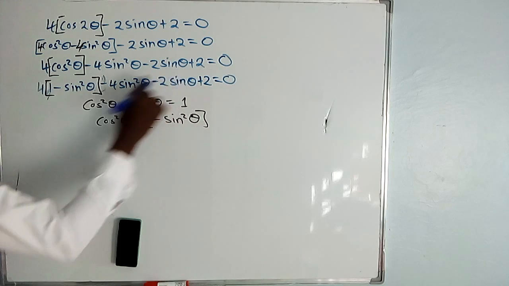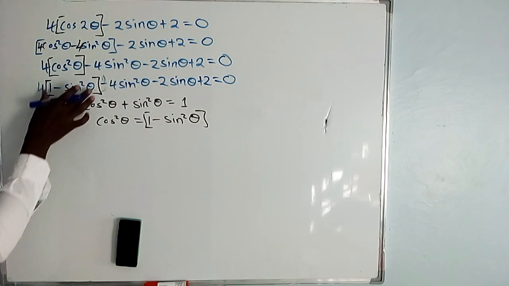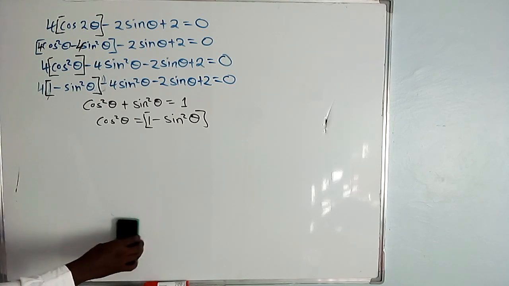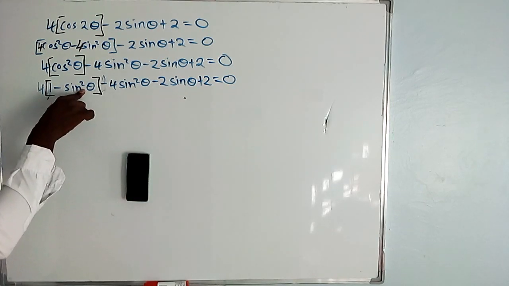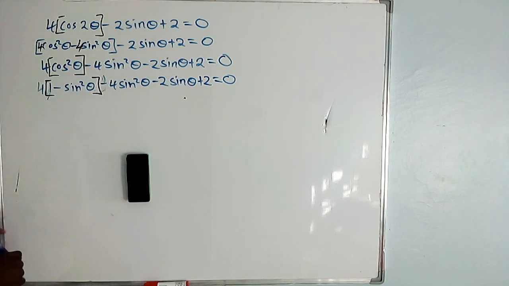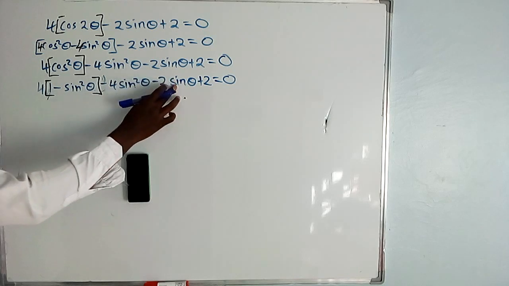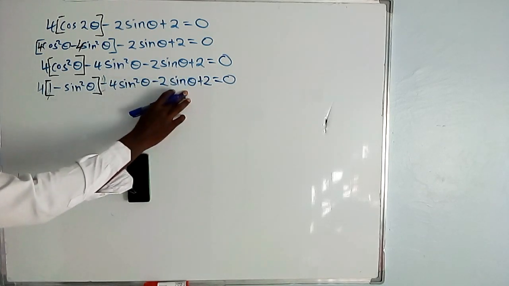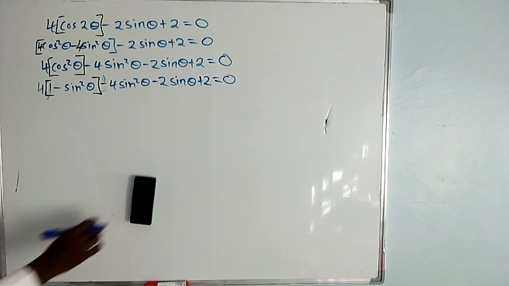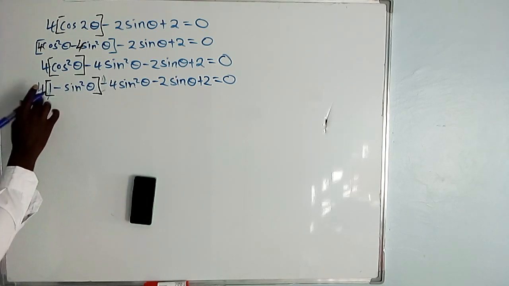Where there is cos squared θ, you substitute the value of cos squared θ, which is 1 minus sin squared θ, then you close that bracket, then minus 4 sin squared θ minus 2 sin θ plus 2 is equal to 0. So the next step is to open that bracket.